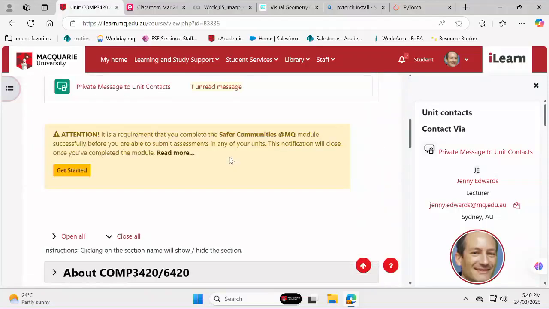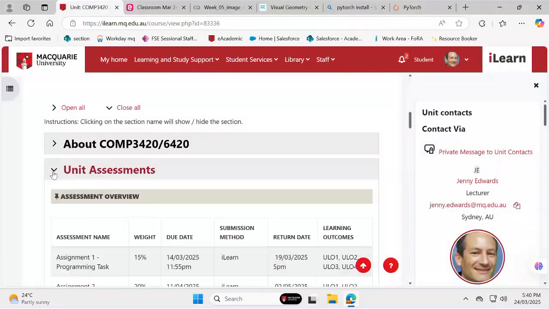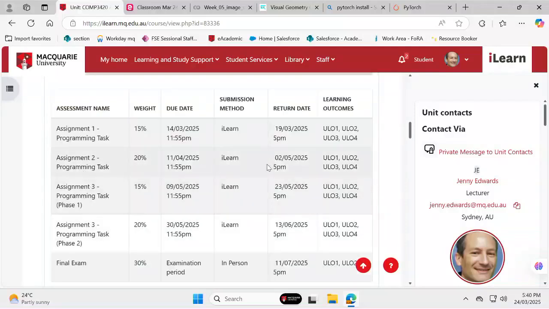Okay, so remember the deadline is week 7, the 5th of May. And remember, it will take a lot of time to generate images for the last task, so don't leave it for the last minute, otherwise you will fail the last task. It's up to you.